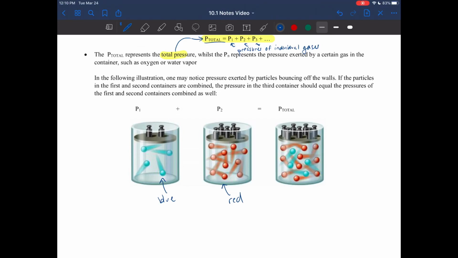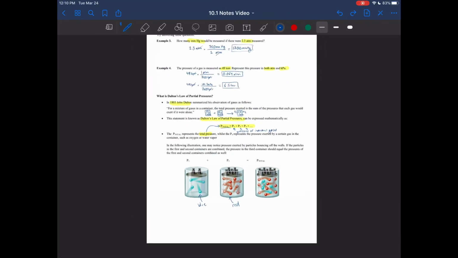They are hitting that wall, force over a certain area, and maybe the blue gas has less pressure than the red gas because there's less particles bouncing around. But whatever pressure the blue gas and the red gas are at, if you put both of them in the exact same airtight container, the total pressure would just be the pressure of the first gas plus the second gas. That's it.